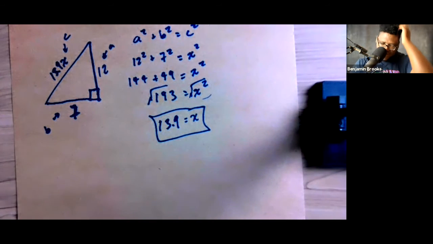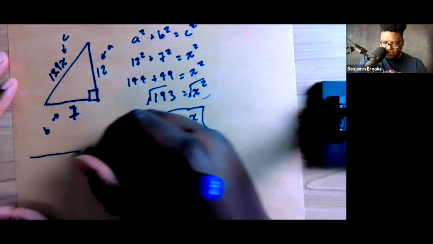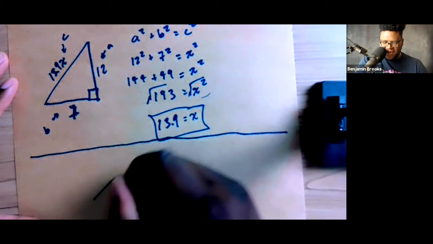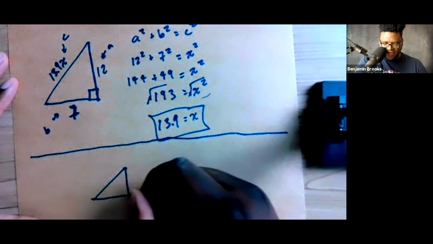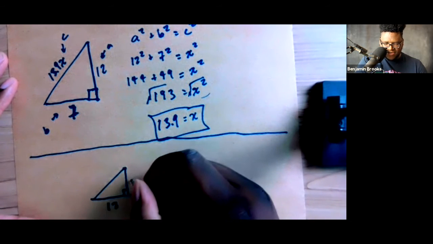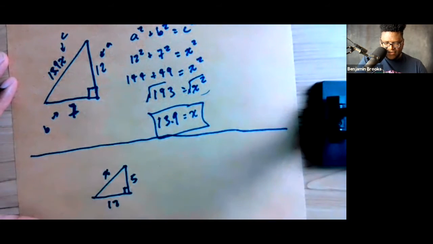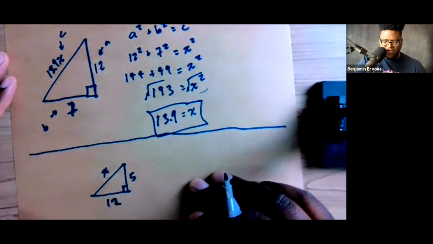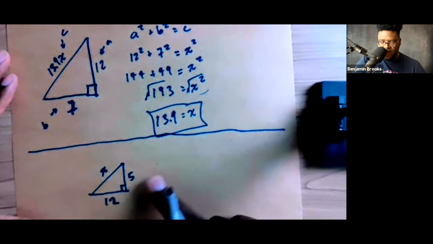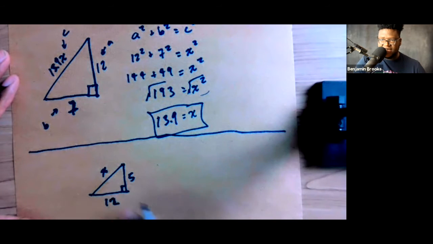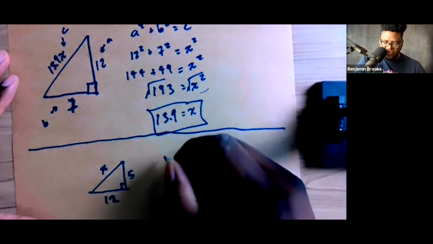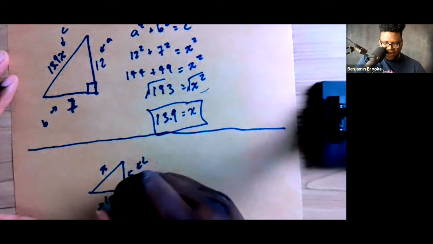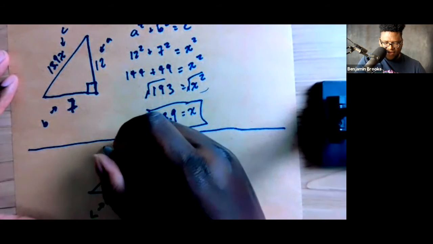All right, let's do another example, this time without a decimal. I'm going to set up the one that I was actually trying to go for, which I kind of realize now. Let's say 12, 5, and x. Okay. So let's condense this down. We plug in our legs. We got a leg here, we got a leg here, and then the hypotenuse here.